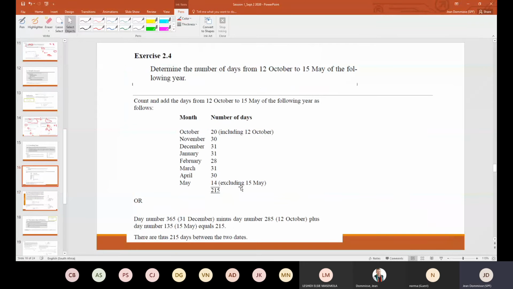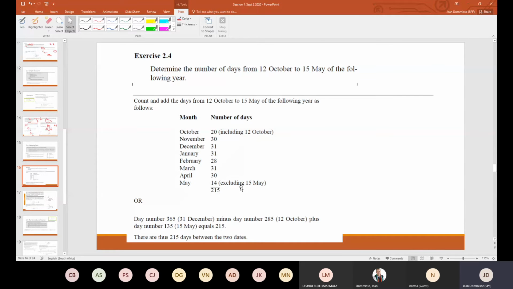What would be interesting is to check on the tables the 14th or the 15th of May, check those days, and then subtract the number for the 20th of October and see what you get.